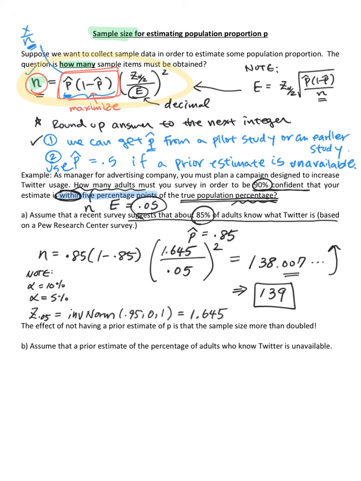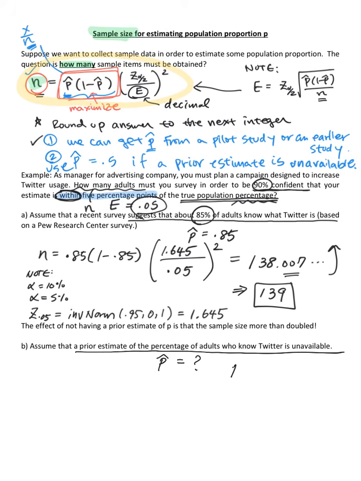Okay, part B. Assume that a prior estimate of the percentage of adults who know Twitter is unavailable. So we're still working on the same example, but this time they're saying that we don't know what p hat is. Maybe you're the first one doing this study, or for some reason the prior estimate is not available for you.